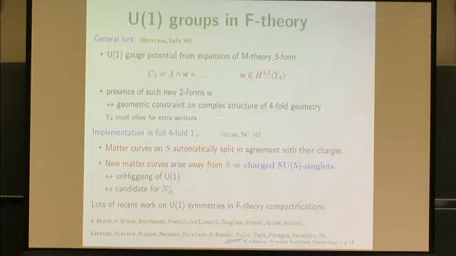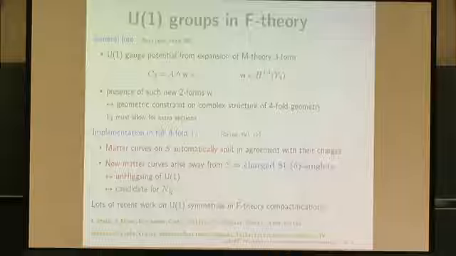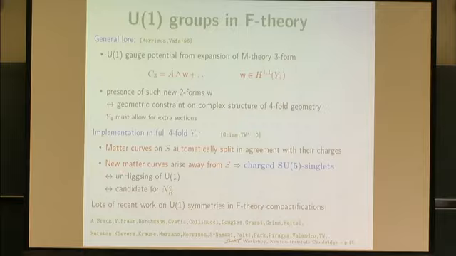The first implementation of this effect in SU5 4-fold geometries was a very simple one, where simply the matter curve, the 5 curve, splits into a 5 matter and a 5 Higgs curve as a consequence of the appearance of this U1. And in addition, new matter curves arise away from the GUT brane.